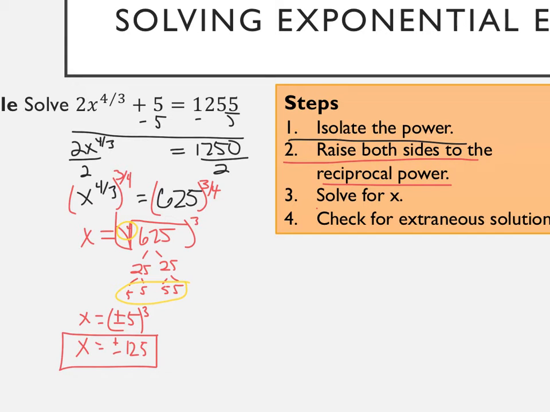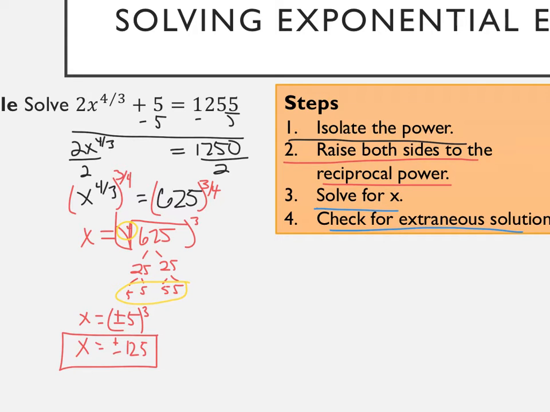Now the next step is to check for extraneous solutions. What that means are solutions that do not work when you substitute them back into the original. In this case, if I were to use the calculator and push 2 and then parentheses 125 to the 4/3 and then plus 5, it does equal 1,255.